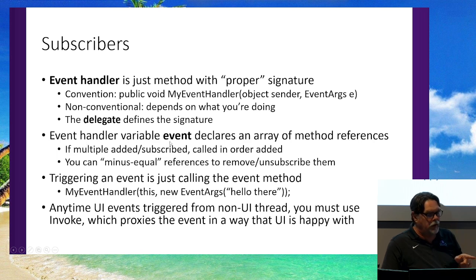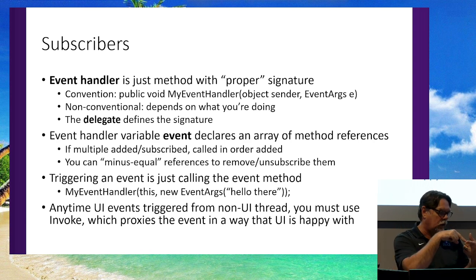Then we declare a variable of that type. It's like, well, what is the variable containing then? What happens internally is that it declares an array. And that way later when your code is running and you say, whenever I trigger this event, I want you to call that method, you take a reference to that method and you add it to this array, so that when the event is triggered, it looks in that array, and each method listed in that array, it calls it and passes the data to it.